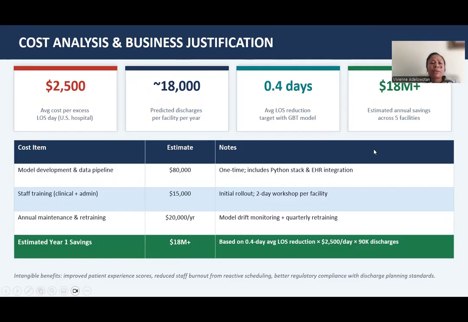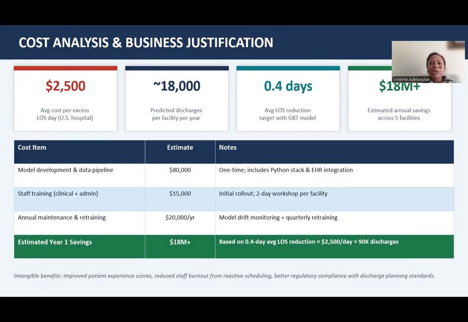Cost analysis and business justification. The financial case is straightforward. As we can see here, a 0.4 day reduction in average length of stay, achievable with a well-calibrated predictive model, translates to over 18 million plus dollars in avoided costs annually across 5 facilities.